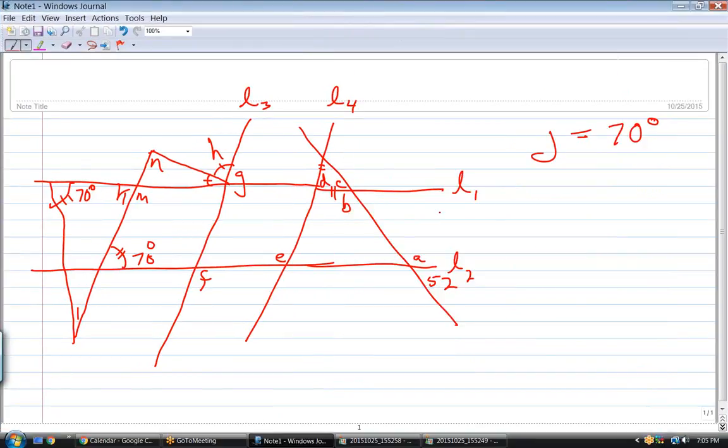Yeah, I did. Okay. So, yeah, because that's parallel to that. You're right. Alternate exterior. So C is 52. And then line 3 and line 4 are also parallel to each other. Right. So let's do that. Double parallel, meaning they're parallel but different sets of parallel. What's D? Because they tell us that that is an isosceles triangle.